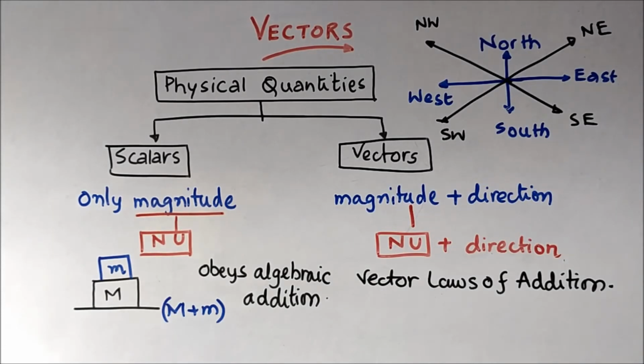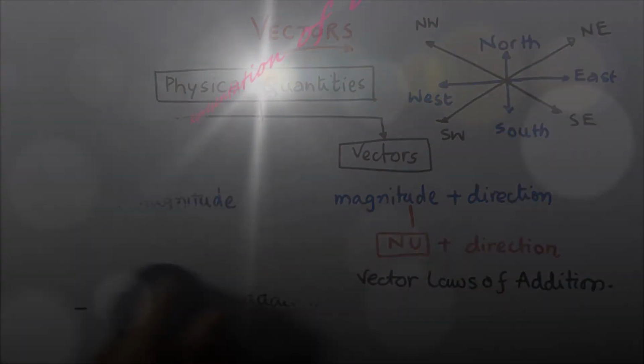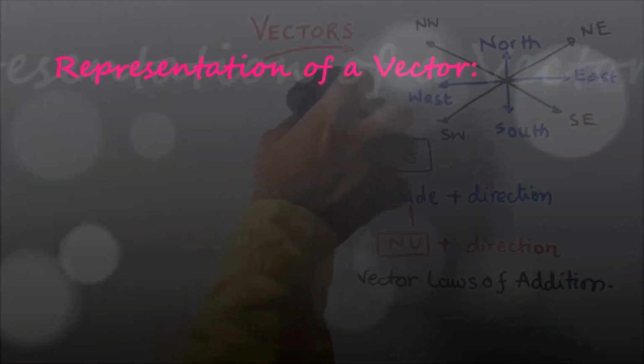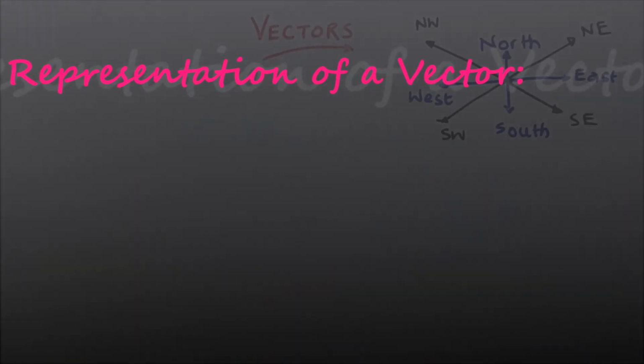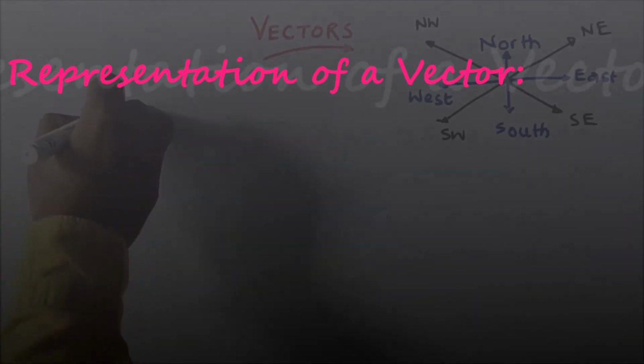Now let us see how vector quantities are represented. Suppose A is a vector quantity.